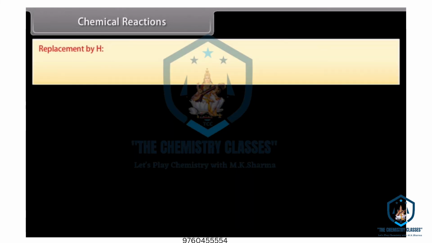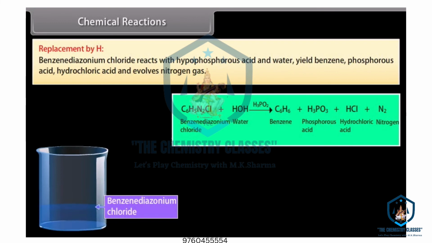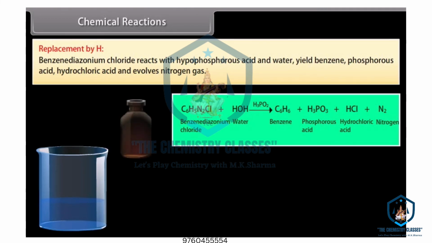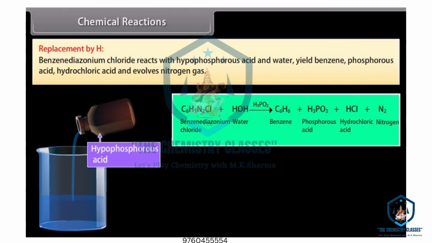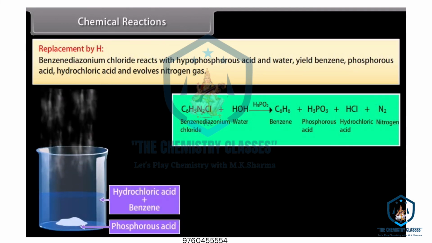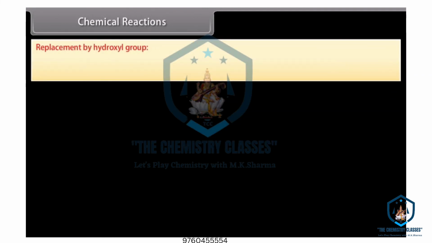Replacement by H. Benzene diazonium chloride reacts with hypophosphorous acid and water, yields benzene, phosphorous acid, hydrochloric acid, and evolves nitrogen gas. Replacement by hydroxyl group.